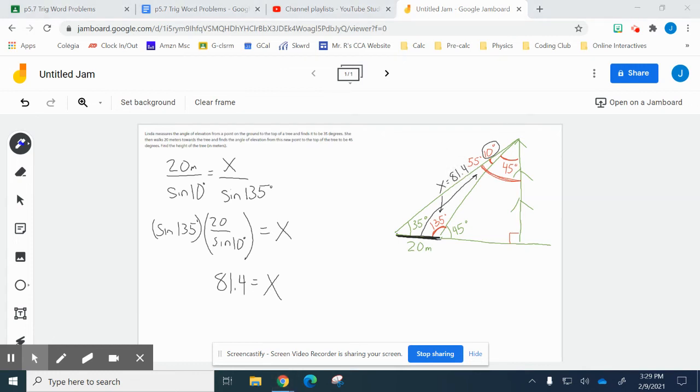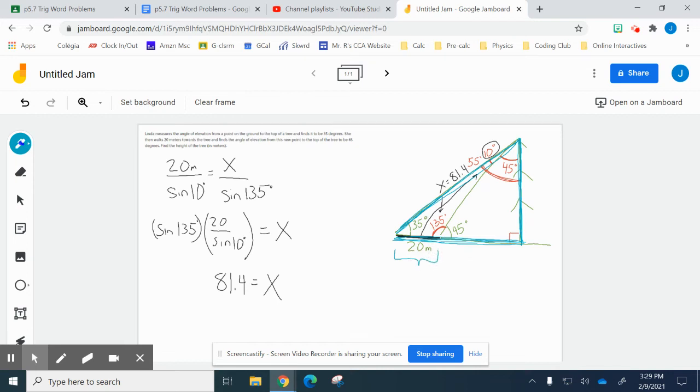Now we're going to work with this. I'll change color one more time. I think I have one more color. Indeed, I do. So now, last step, we're going to work with this giant triangle. We're thinking about this whole triangle right here, because that has a right angle at the bottom. We don't know how far away she's standing. All we know is that she went 20 meters, right?